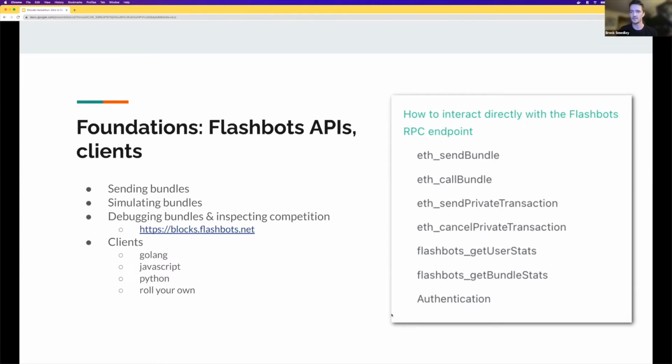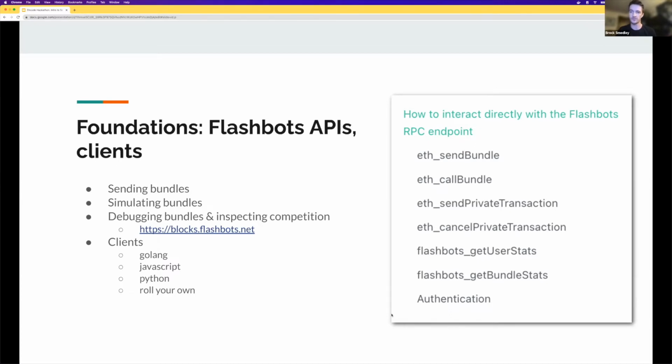User stats is basically just to get information about your reputation with Flashbots. I haven't introduced this yet, but Flashbots maintains reputations for individual addresses. Everything you send to Flashbots is signed with your public key, and by signing those, that public key earns reputation. The reputation is used to decide which priority queue you go into.